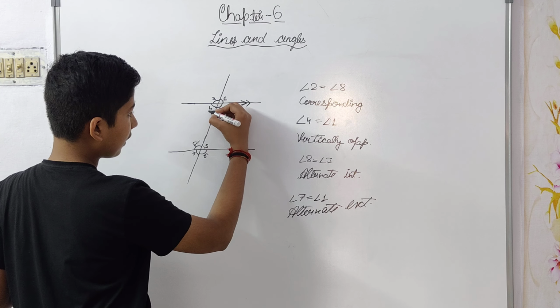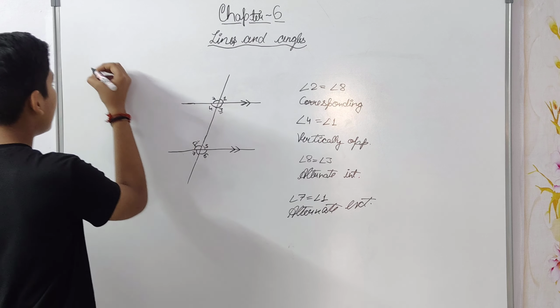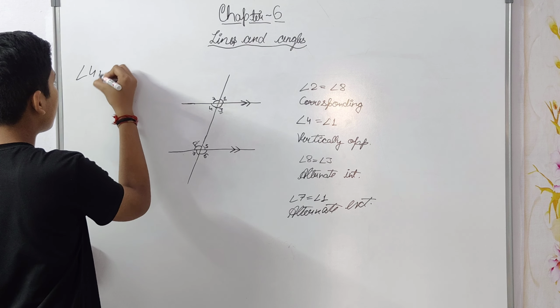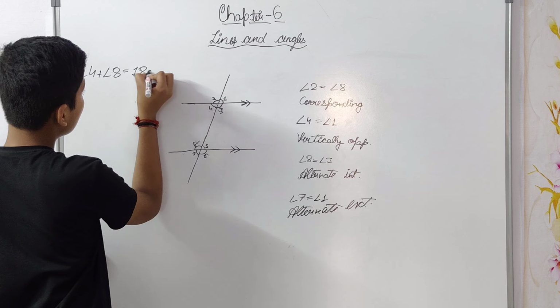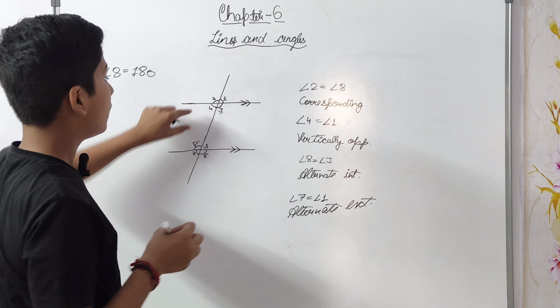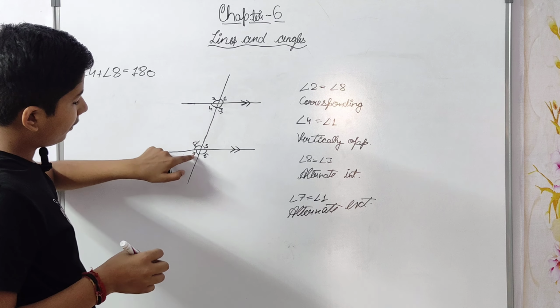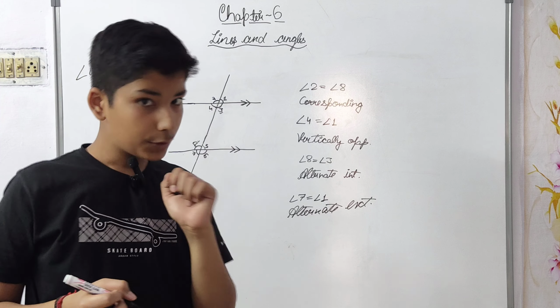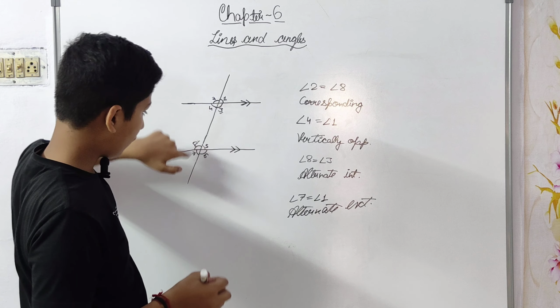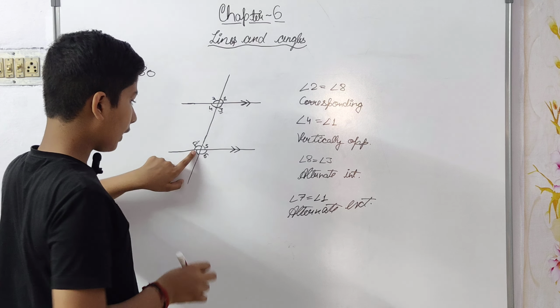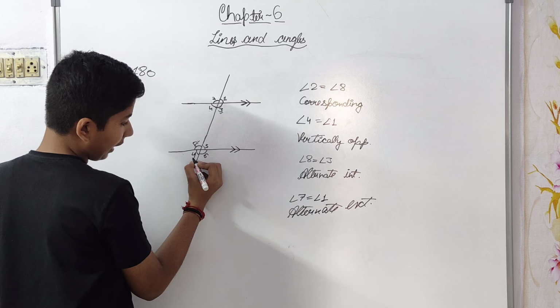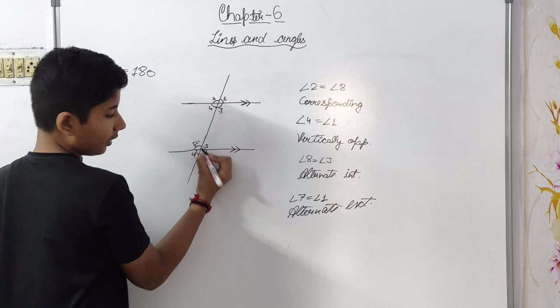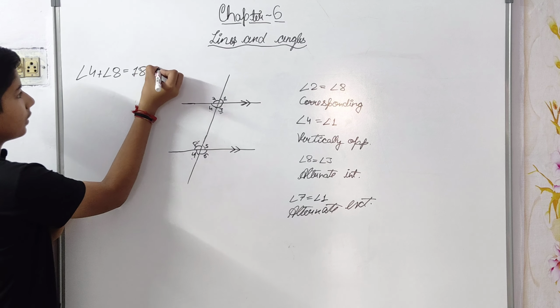If we take this example, angle 4 plus angle 8 equals 180 degrees. How can you say that? See, angle 4 will be equal to angle 7. So we can write this as angle 4. So angle 8 plus angle 4 is this one, hence 180 degrees.